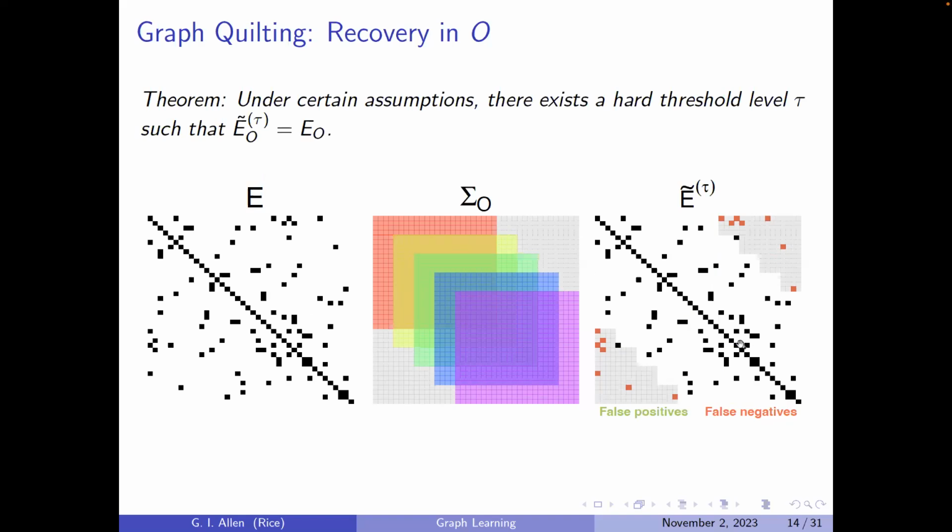So suddenly we've got perfect graph recovery by simply hard thresholding a very simple partial likelihood estimator. And then in O complement, we have lots of false negatives, of course, that we need to deal with.